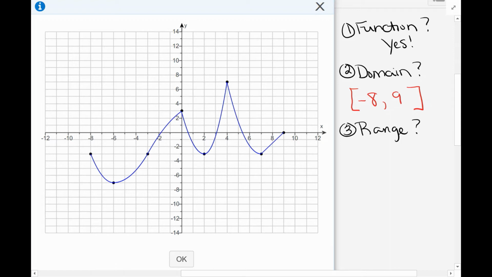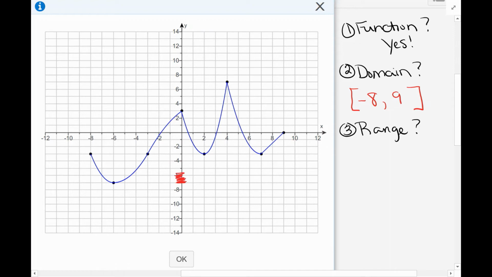So I'm taking the tape measure and measuring how tall this graph is. I'm looking for the very lowest y value and the very highest y value, and making sure there are no gaps. Let me take the red. I'm going to start with the very lowest y value, which is right here at -7. -7 is as low as this graph will go.